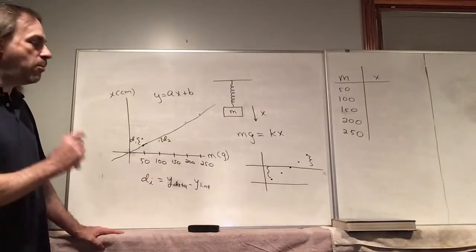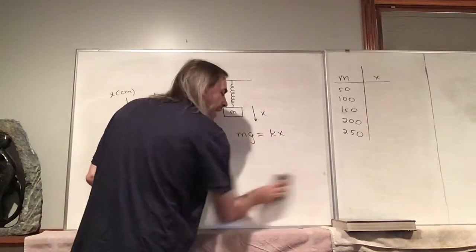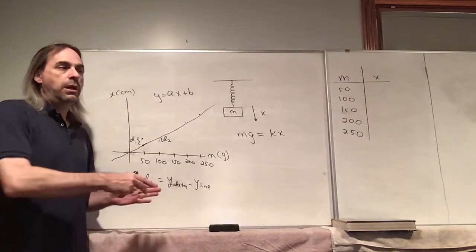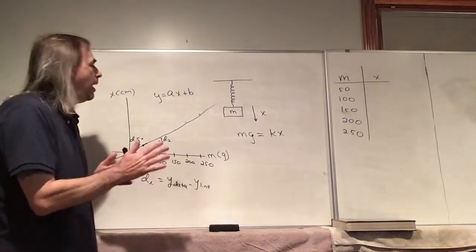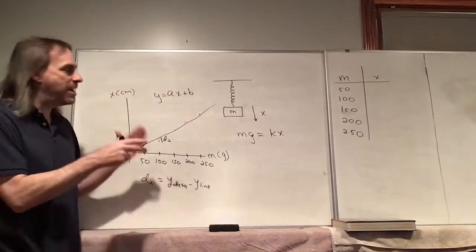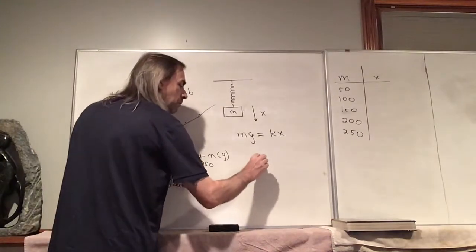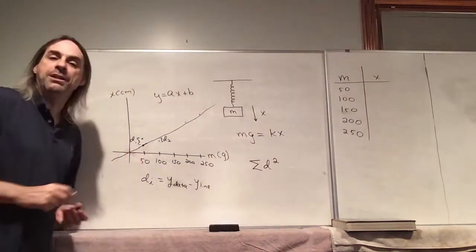So what we want to do is make all these D values positive. The procedure is you square all the D values, add them up and get some value, and adjust these parameters A and B to minimize that, let's call it sigma D squared.